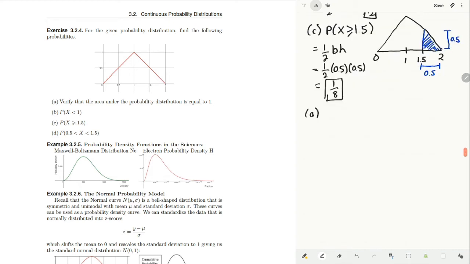Now what is the probability that x will be between 0.5 and 1.5?